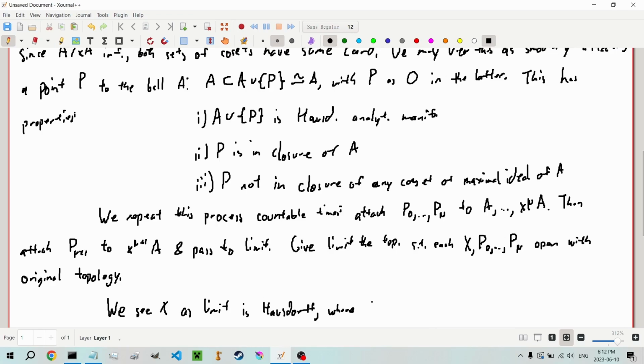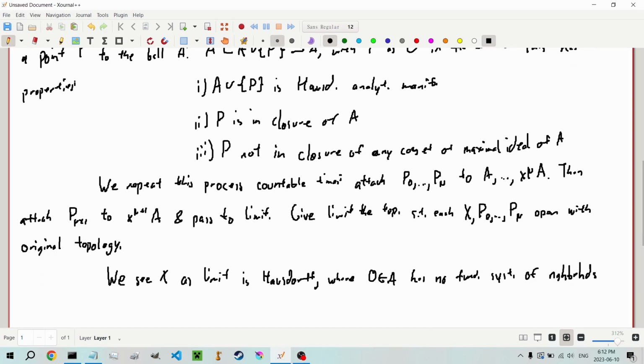Where the point 0 and A has no fundamental system of neighborhoods which are open and closed.